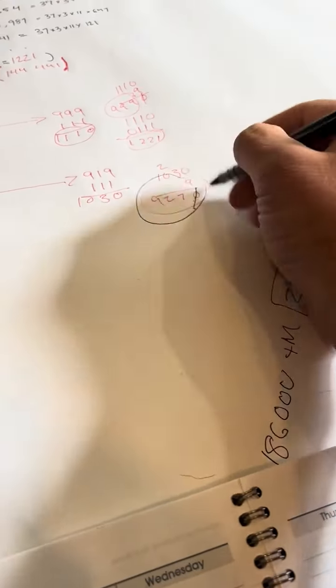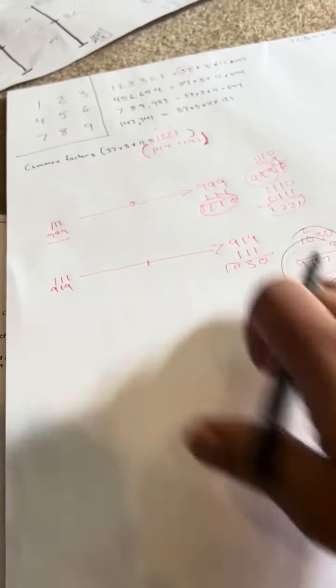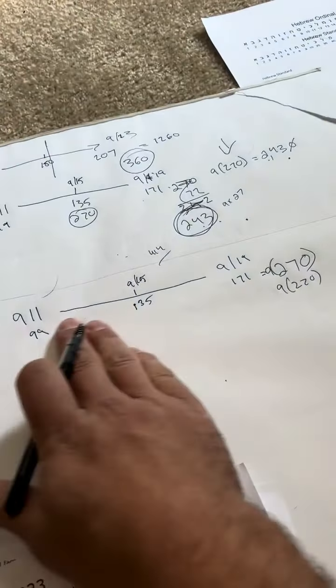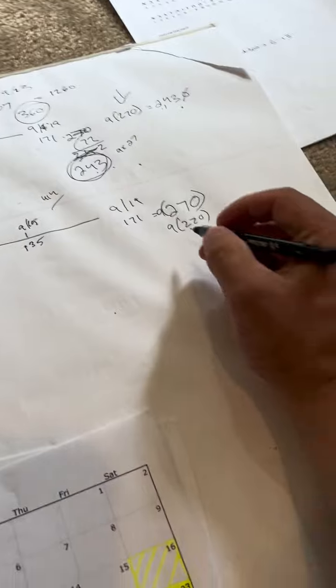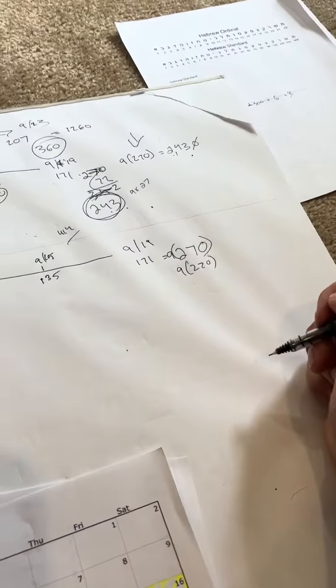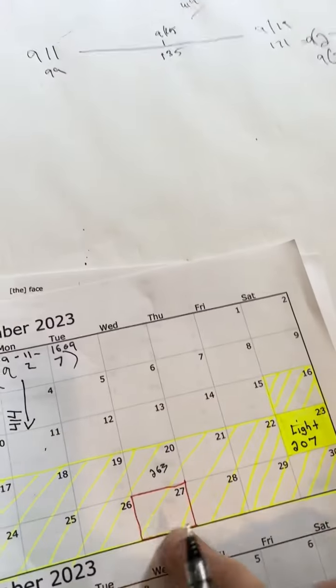Daniel 927 in this sequence. And then 270 times 9, 9270, right? 927, Daniel 927, the abomination of desolation.